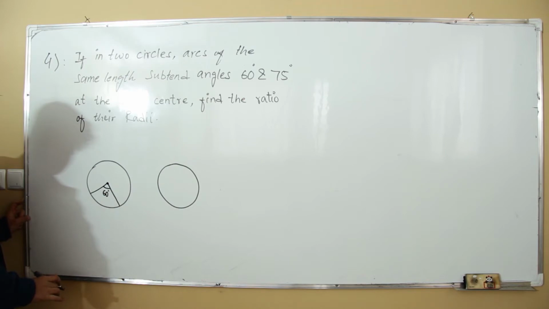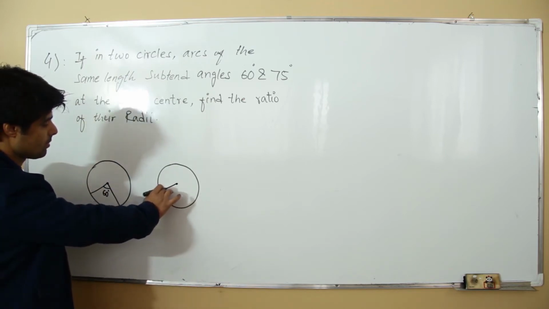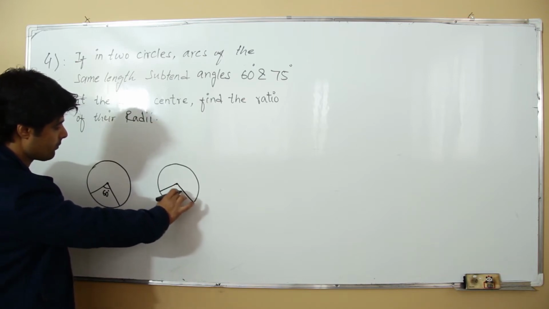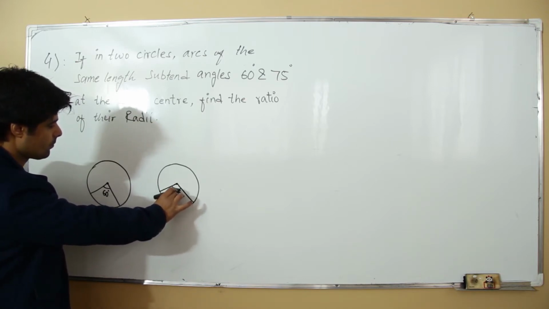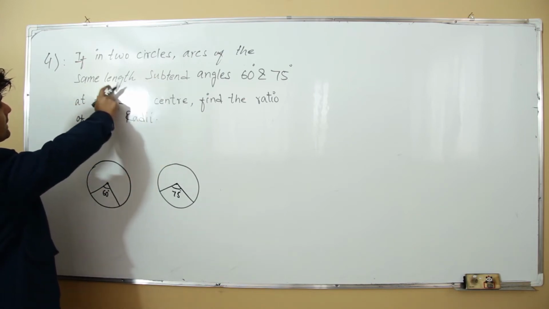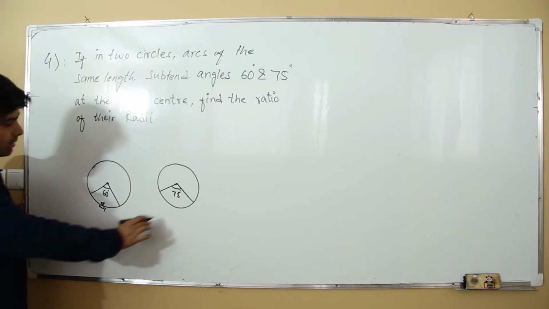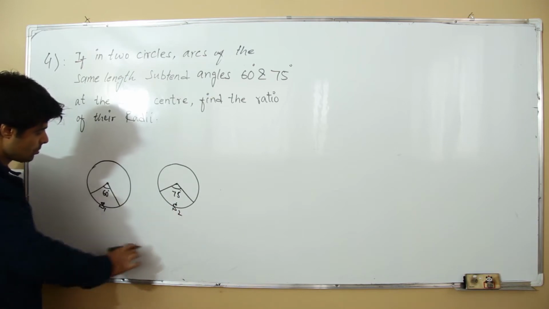Am I right or not? And 75 degree arc, and this is 75 degree. These arcs are same length. It means the first arc I will name S1 and this one is S2.